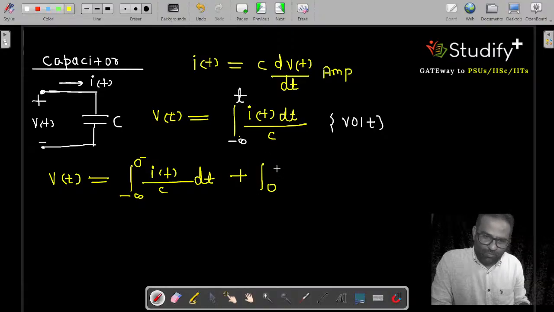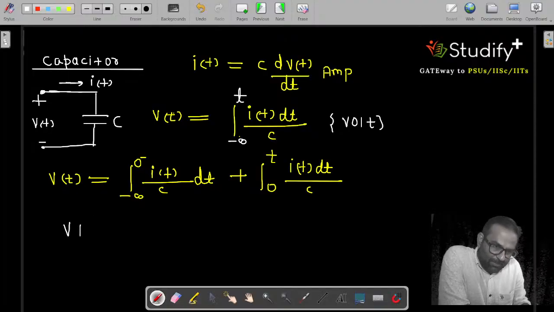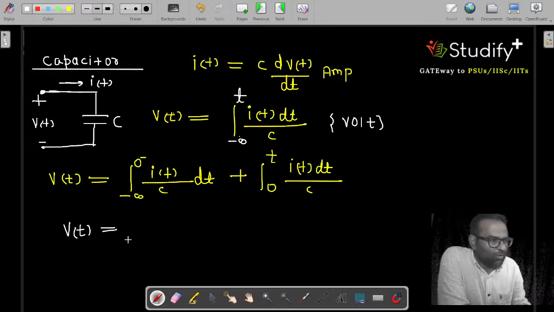Or you can say this value is 0 to t, IT into dt divided by C. Correct? Can I say if this represents the voltage, Vt can be represented as, what is minus infinity to 0 minus?